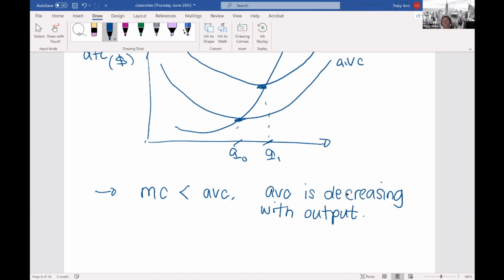This is the same spiel that I've given before: if your marginal is less than your average, the marginal is pulling down the average. And if the marginal is greater than the average, the marginal is pulling up the average. So it's similar to what we talked about with marginal productivity and average productivity.